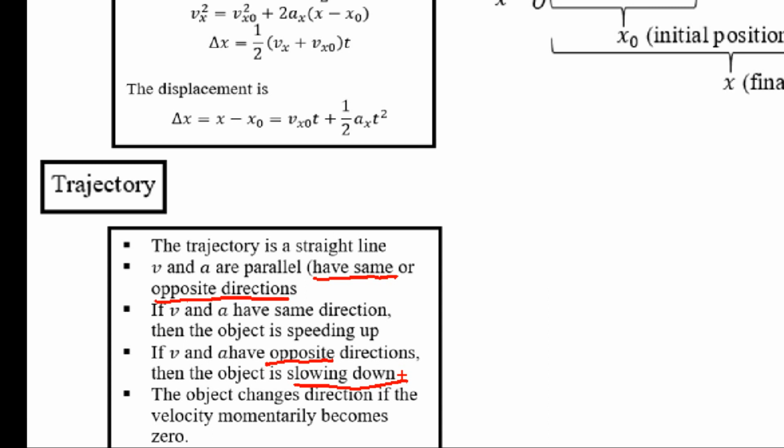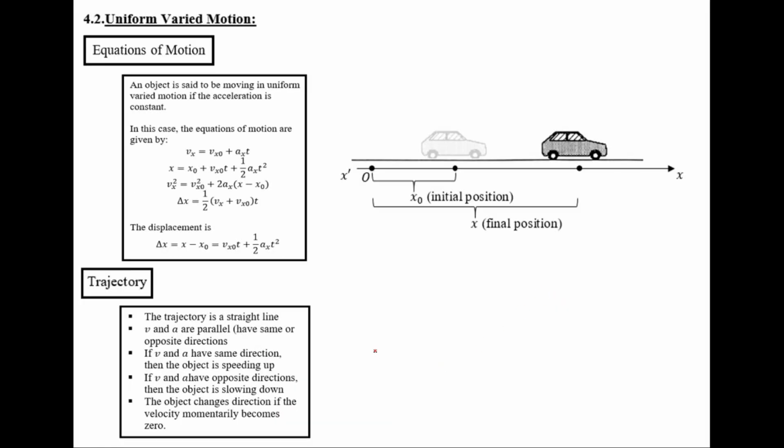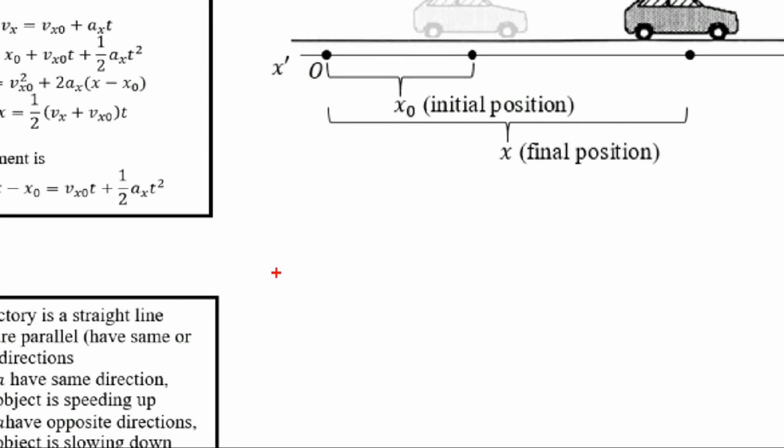An important thing also to mention is that the object changes direction if the velocity momentarily becomes zero. So in such types of motion, the object cannot change the direction until the velocity vanishes. Also, I need to mention that the acceleration is a vector quantity. It has both magnitude and direction.